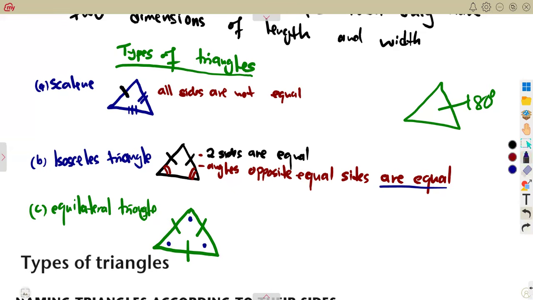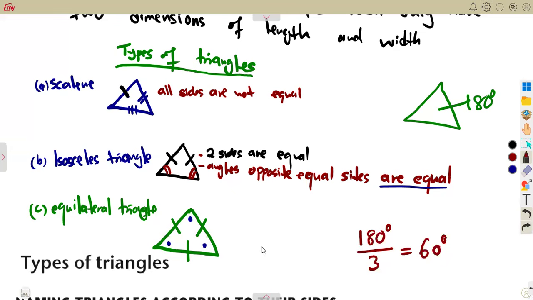And like I said, since angles in a triangle add up to 180 degrees, and these are 3 angles, 1, 2, 3, you can simply divide 180 degrees by 3. That is going to give us 60 degrees. Why dividing by 3? Because there are 3 angles which are equal.